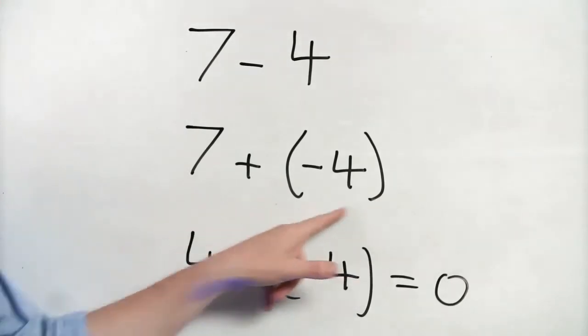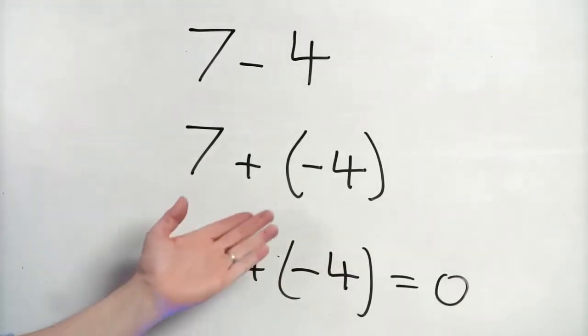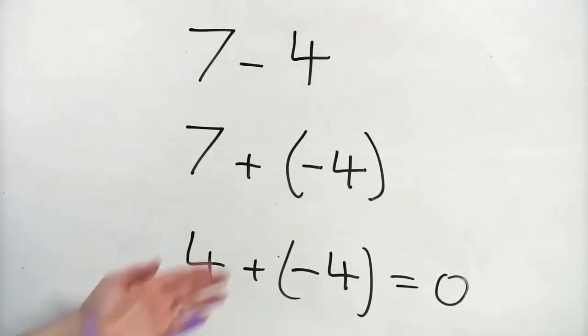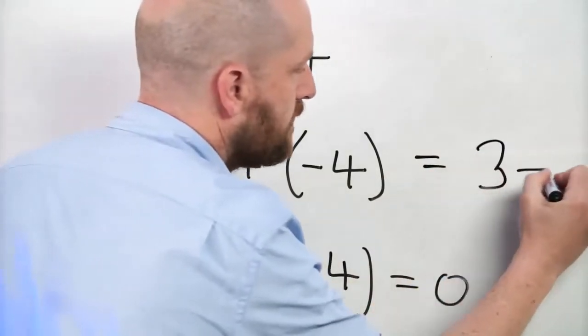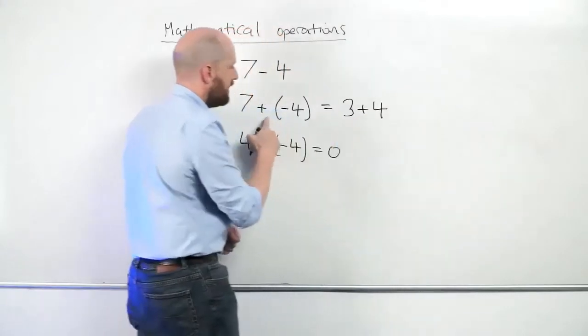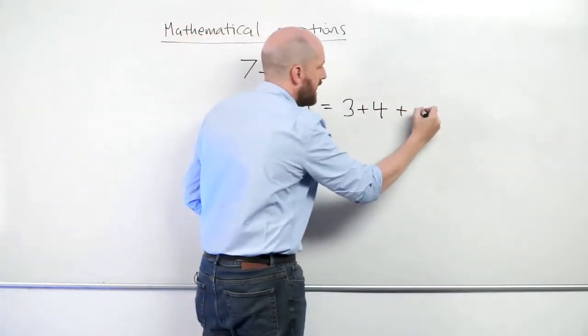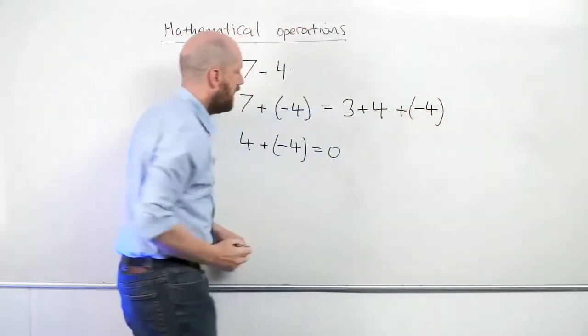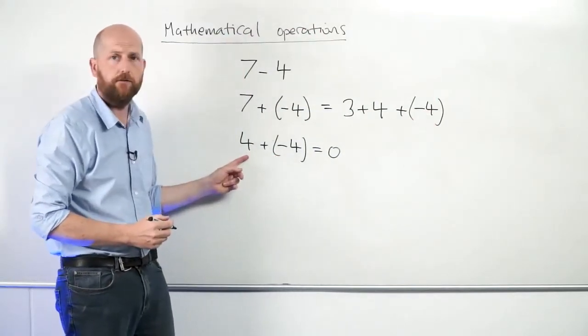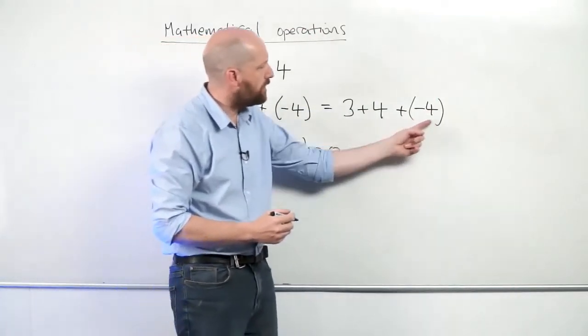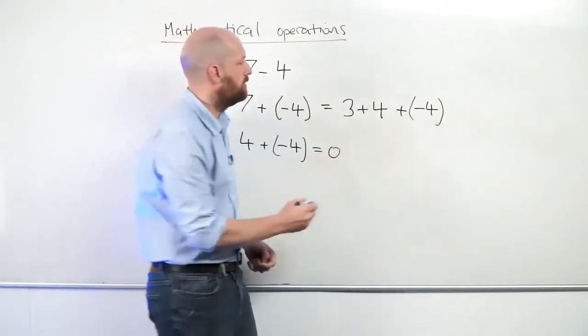Okay, so how do we work out this? How is this easier? Well, it doesn't look like it's easier at the moment, but in actual fact, I can rewrite 7 as 3 plus 4, and then I add on my negative 4, and then I realise, well, negative 4 is just the number that cancels out 4. And so the 4 and the negative 4 give me 0.